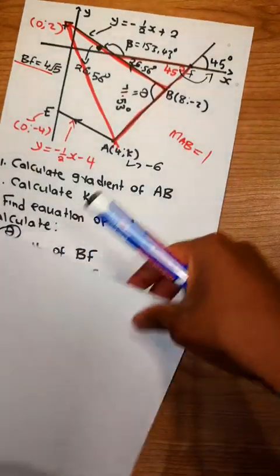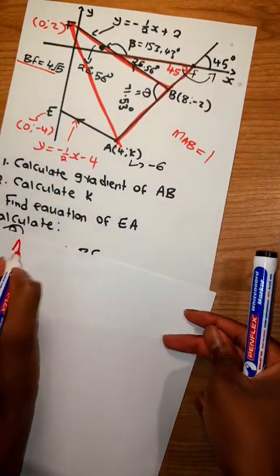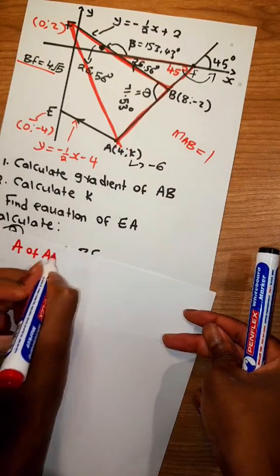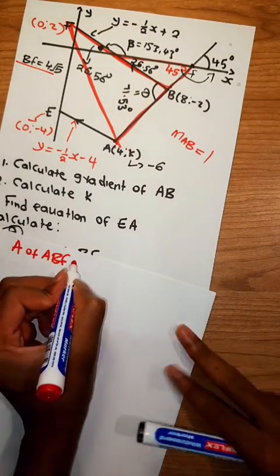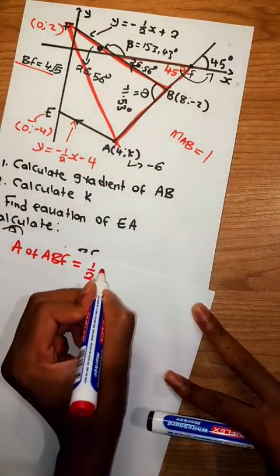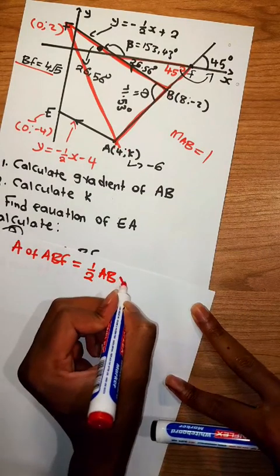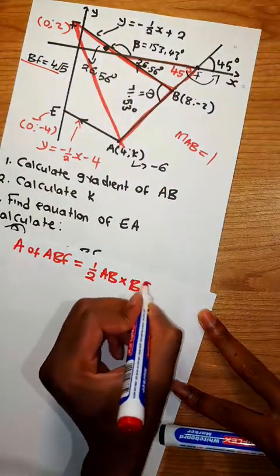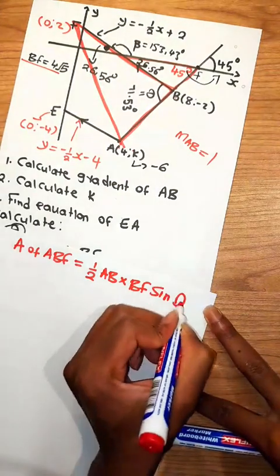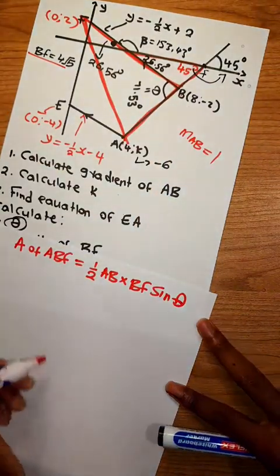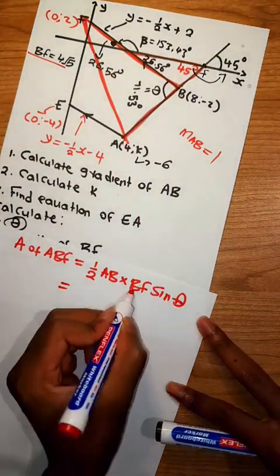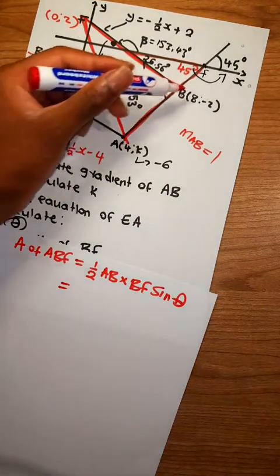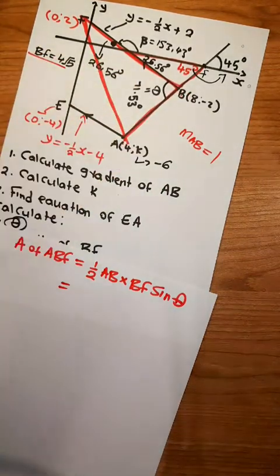So let's use the formula. I'm going to say the area of triangle ABF is just going to be 1 over 2 times the side of AB multiplied by the side of BF, times the sine of this theta. Can you see? Because of time, you're going to find BA on your own.